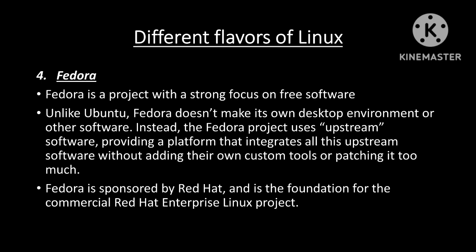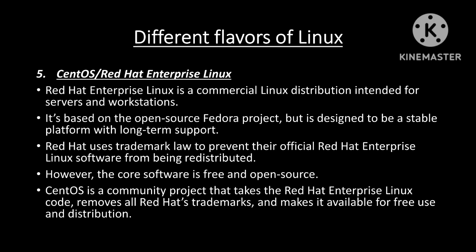And number 5 is CentOS, or we can say most commonly known as Red Hat Enterprise Linux. Red Hat Enterprise Linux is a commercial Linux distribution intended for servers and workstations.